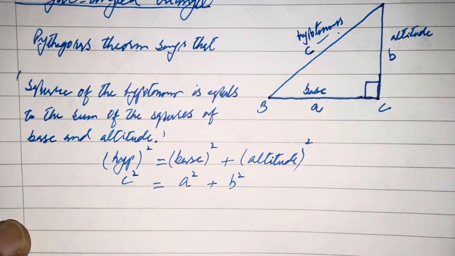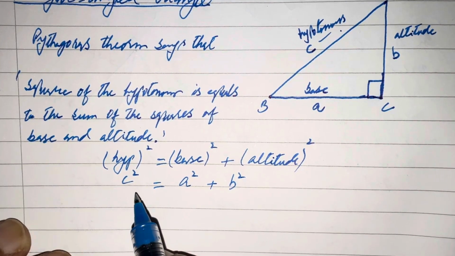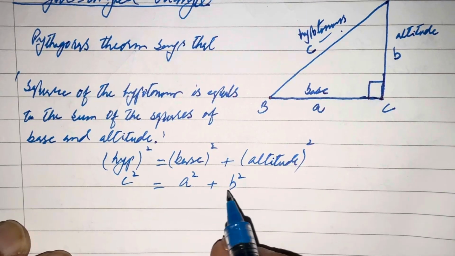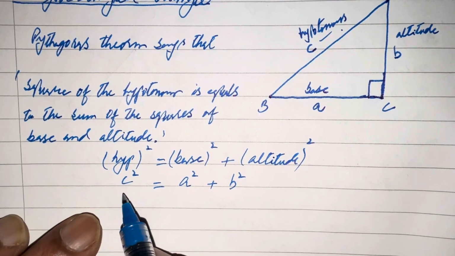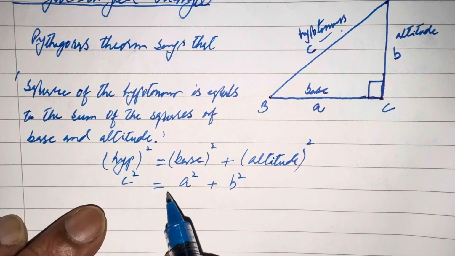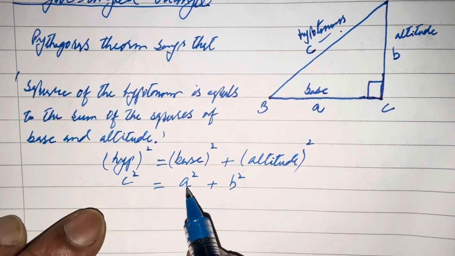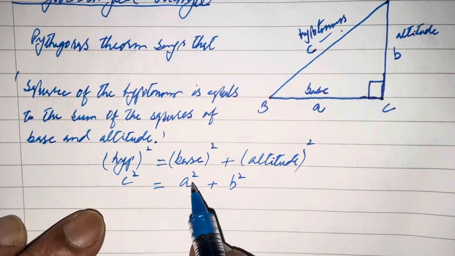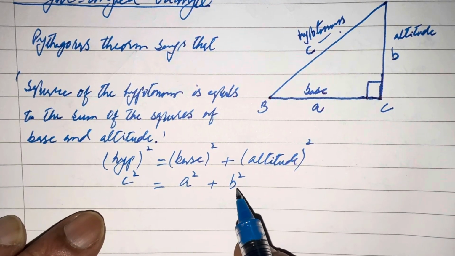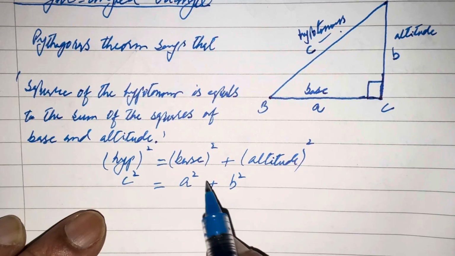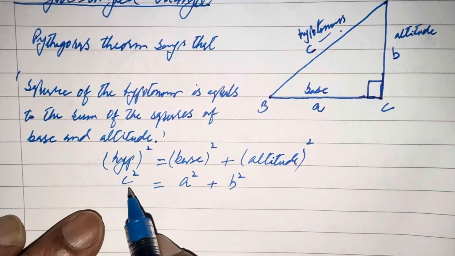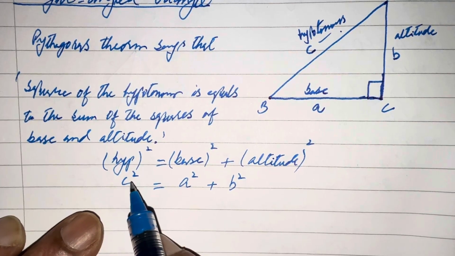We will always remember the Pythagoras theorem as C squared equals A squared plus B squared. C squared will always be the square of the hypotenuse, and A and B will be the base and altitude. These two, base and altitude, can be changed, but the hypotenuse we always denote by C.